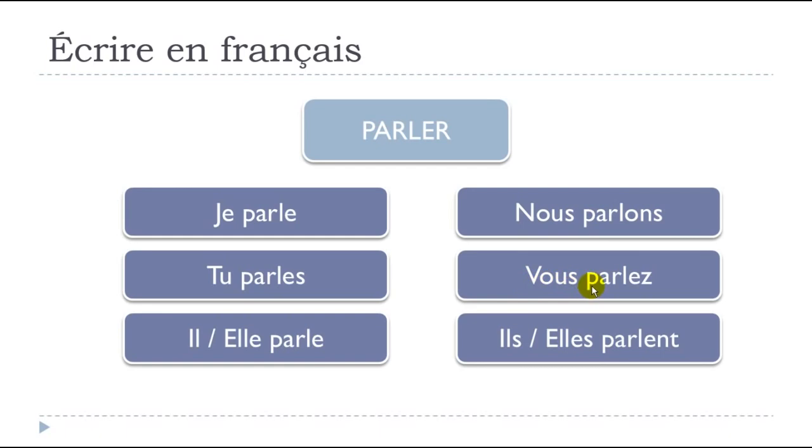Okay, vous parlez, and then we've got ils, so they, but then in French we divide and we make the difference between the masculine plural, so ils here, and elles, the feminine plural. Ils, elles parlent. Alright, so we've got je parle, tu parles, il parle, elle parle, nous parlons, vous parlez, ils parlent, elles parlent.